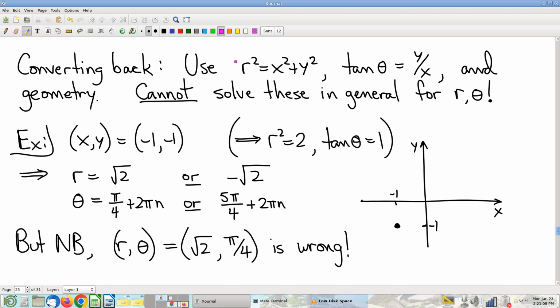So in particular, here's a true fact about polar and rectangular coordinates, that r squared is always x squared plus y squared. There's this urge that students feel to, we're almost there. I've almost solved for r. I need to solve for r, and r is the square root of x squared plus y squared.